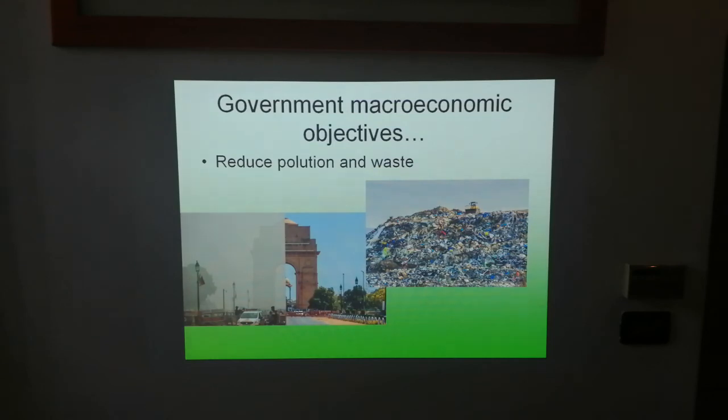So the government's macroeconomic objective needs to be reducing pollution and waste, and by creating a cyclical economy, the government can really create a much richer economy, really increase standards of living.